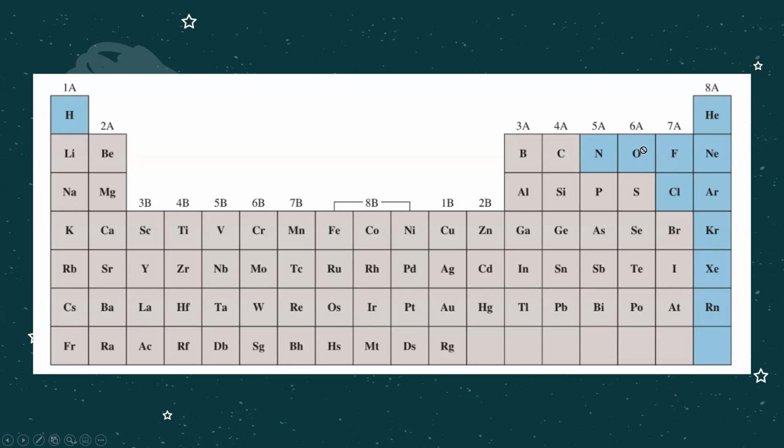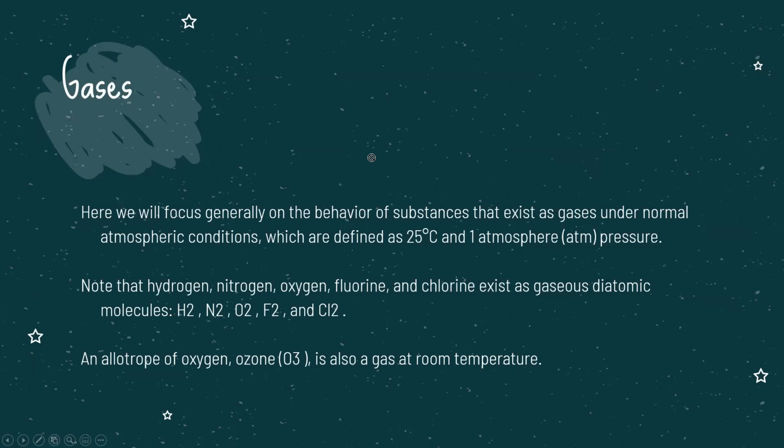Nitrogen, oxygen, these two, memorize them. Hydrogen, memorize them. The good thing is they're mostly in this area, right? These two, and then this column right here. So it shouldn't be too bad.